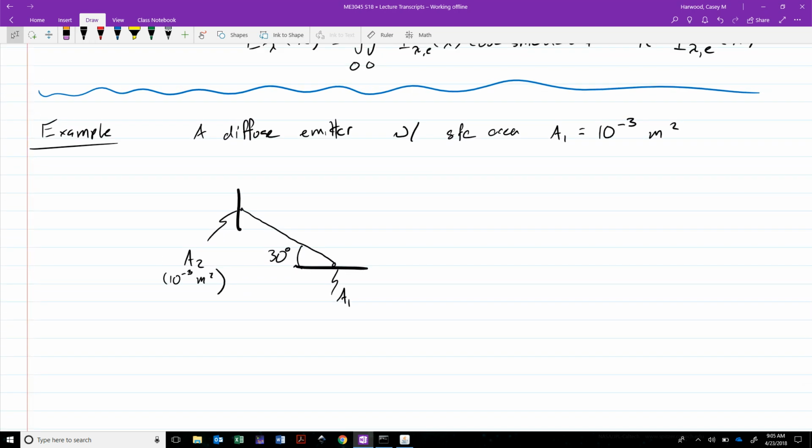So people have gone out with probes and they've measured the spectral radiation intensity from A1, and they put a probe right here, and they figured out that IE, or sorry, not the spectral radiation intensity, what's known as the total radiation intensity, which is the radiation intensity across all wavelengths. So the integral of I lambda E d lambda is equal to 7,000 watts per meter squared steradian.